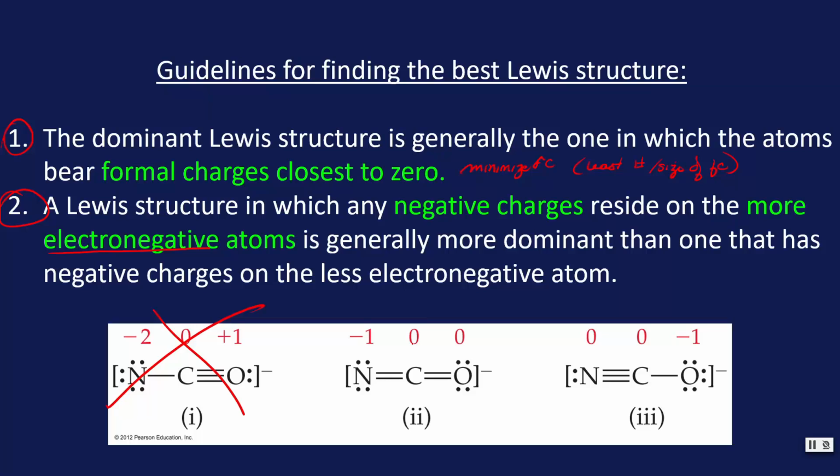You need to break out your electronegativity table here and check to see which of these elements, nitrogen or oxygen, is more electronegative. And you'll find that oxygen's electronegativity is, I believe, 3.4. Nitrogen's is somewhere around 2.9 to 3. I don't remember exactly. So oxygen is more electronegative, and this is the right Lewis structure, or the best Lewis structure.